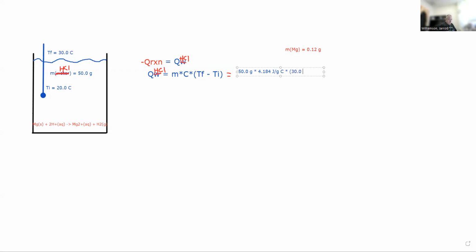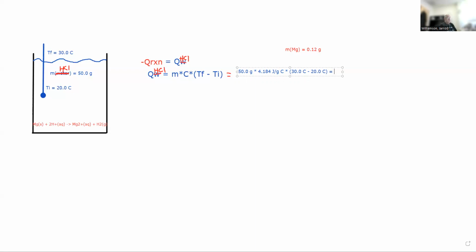And here, I made up these numbers, 30 degrees Celsius, 20 degrees Celsius. That's where the numbers are probably wrong. Let's just go ahead and go with that, and that's what we're going to learn to do, the mechanics of the lab.